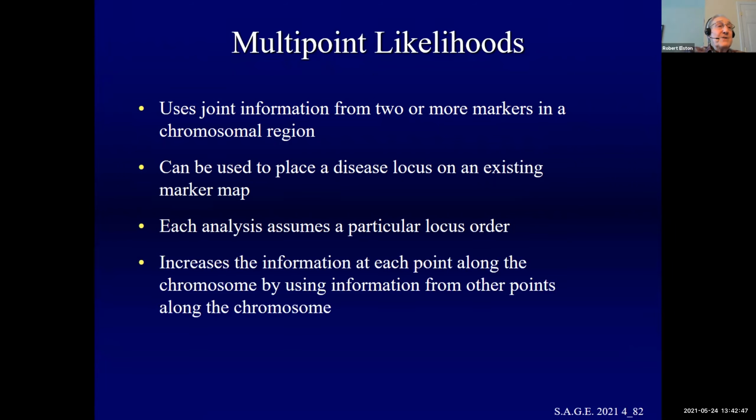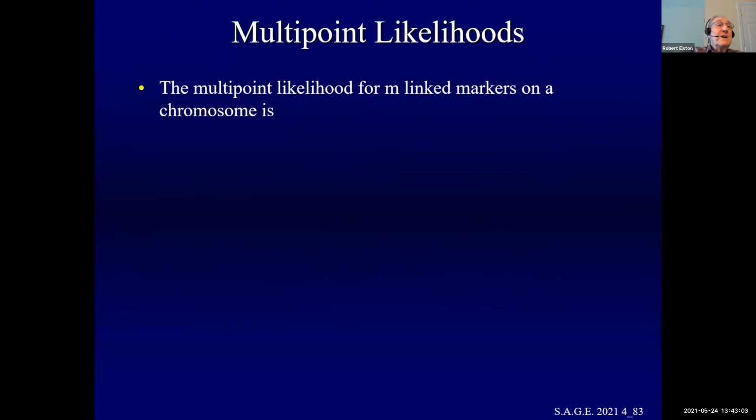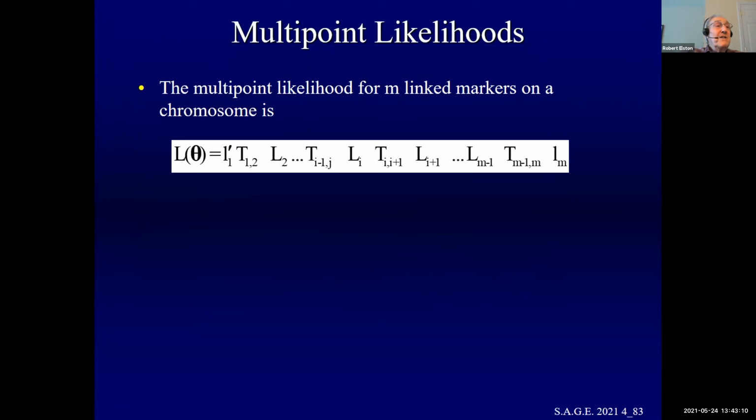And by using multipoint, you increase the information at each point along the chromosome by using information from other points along the chromosome. That's the whole point of multipoint, to be able to use the extra information. So the multipoint likelihood for M linked markers on a chromosome is given this way.